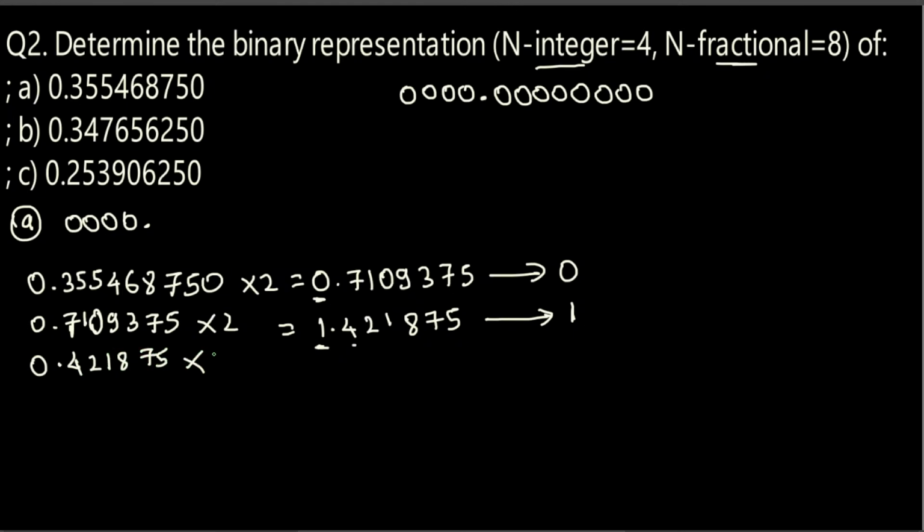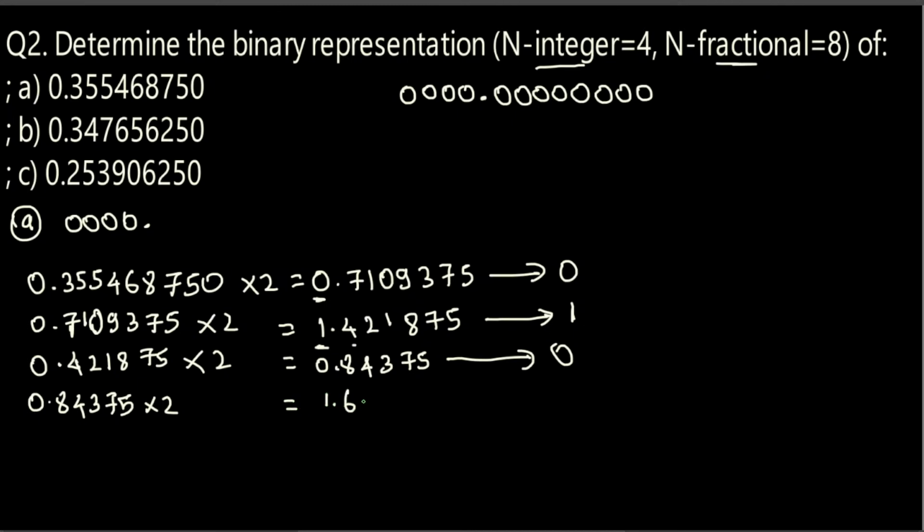Multiplied by 2, we get 0.84375. What is in front of the decimal point is 0, so we put that here. Then 0.84375 multiplied by 2 gives us 1.6875. In front of the decimal we have 1, put it right there.